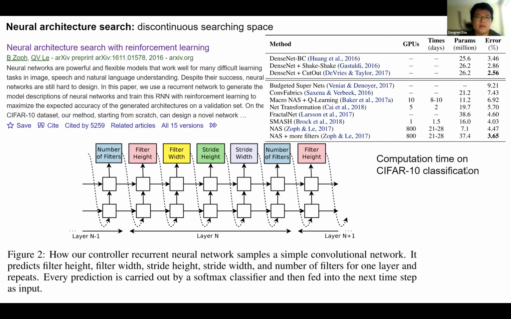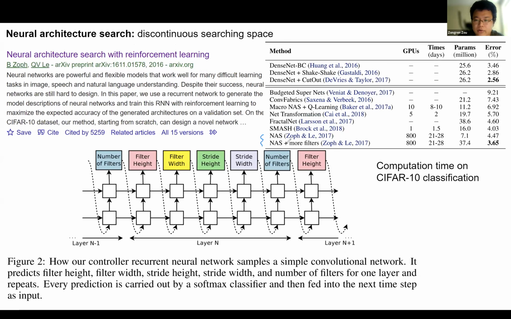Back in 2016, CIFAR-10 was already not a huge problem, and the data set was not that huge back then, not to mention now. You can see here these two record the computation time for the neural architecture search method with reinforcement learning.